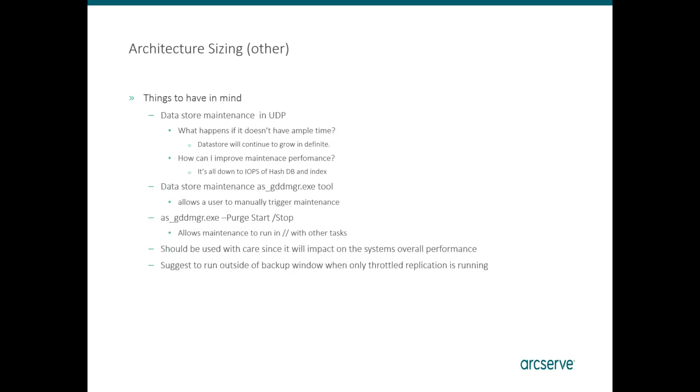Other things to keep in mind, continued, as I mentioned, maintenance, not only with the data store to help it grow, so make sure you have enough time for that operation, but all our performance will also benefit from maintenance. We have a tool to help you with manually managing different things like rebuilding the hash, verifying the environment, and purging your data.